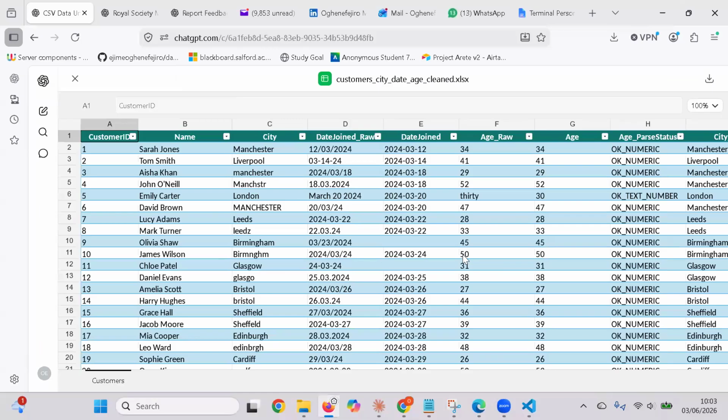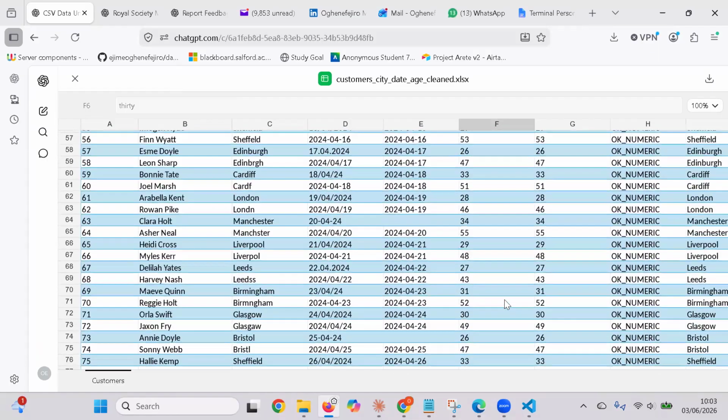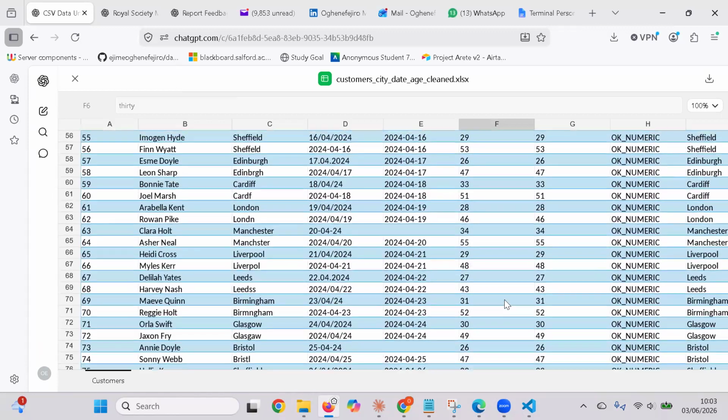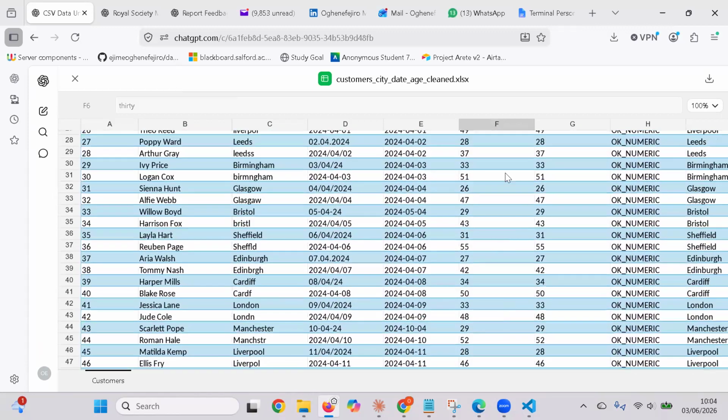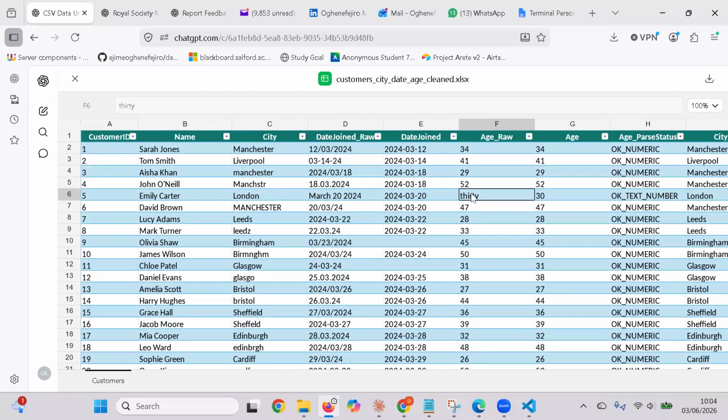Again, it did that for us. Previously, you can see here we had 30. Now it has translated it to exactly 30. This alone is enough. It translated this 30 to this.